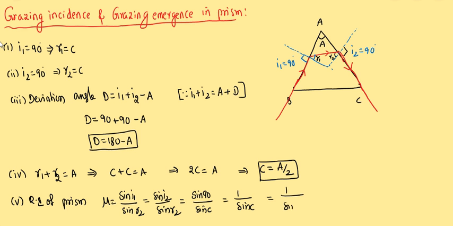That's why we write sin A by 2. From this we write nu is equal to 1 by sin A by 2. These are the conditions. This is about grazing incidence and grazing emergence.